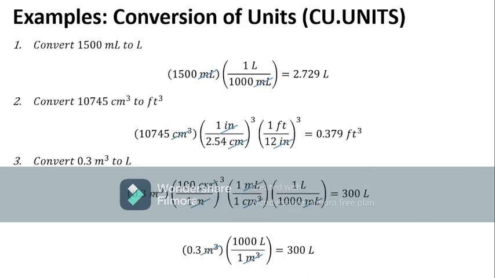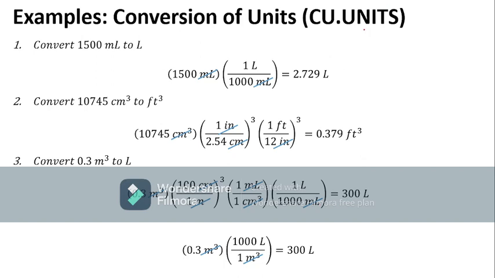Okay? Now, how about conversion of units na cubic units? Kung kanina raised to 2, ito naman raised to 3. Pero remember, hindi lang lahat raised to 3 kapag cubic units. Meron tayong term na liters. Volume kasi to, so under siya ng volume. So, let's say, convert 1,500 ml to liters.